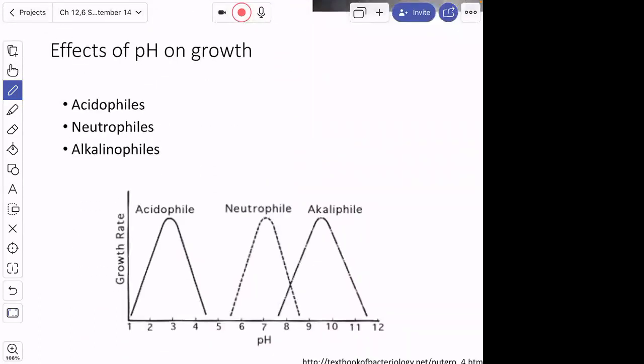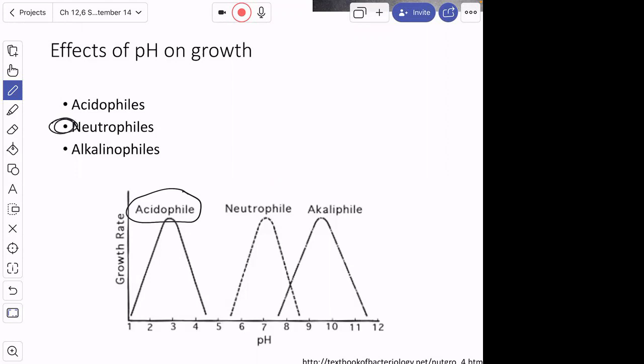All right. What about pH? Obviously, that can have a big impact on growth, and we have terminology to describe that, but that's pretty straightforward. There are bacteria that occupy pretty much every niche on Earth. There are bacteria that grow optimally at low pH, so we might call those acidophiles, even down, you know, 1, that's a really acidic solution.